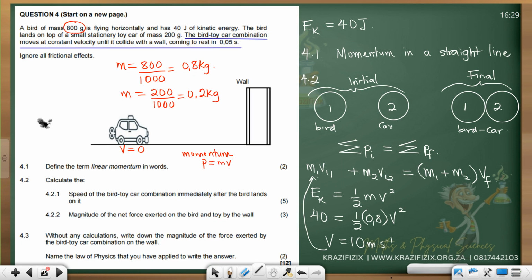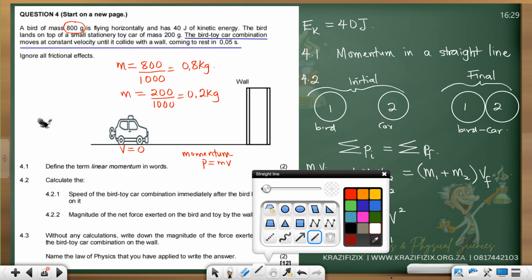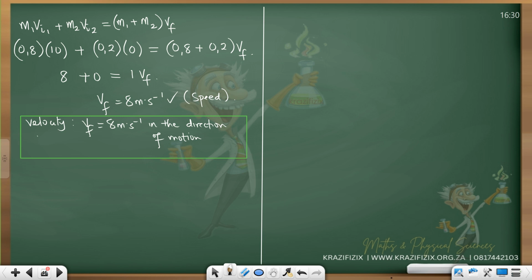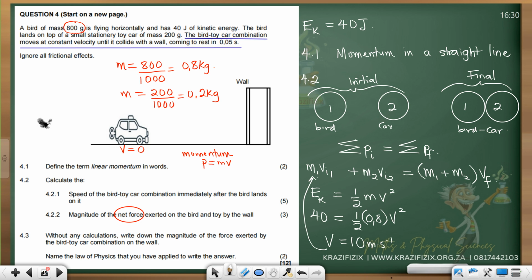Thank you for giving me that 8. Calculate the magnitude of the net force exerted on the bird and the toy car by the wall. Magnitude of the net force. Oh, good learners. Every time I see magnitude of net force, I know I am talking about something here. So, what is this? 4.2.3, I think? 4.2.2.